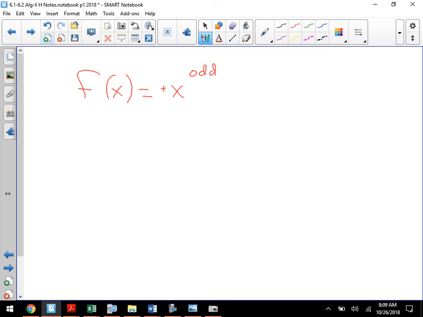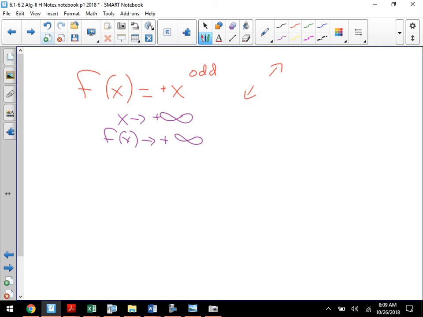Your tails for a positive odd exponent dance. As x, and this is how most people write it, as x approaches positive infinity, f of x approaches positive infinity.